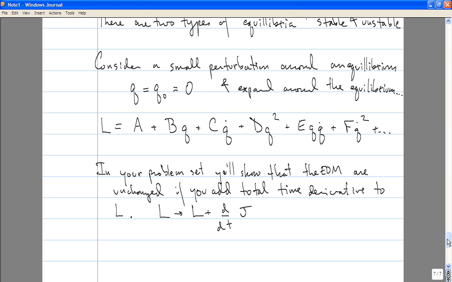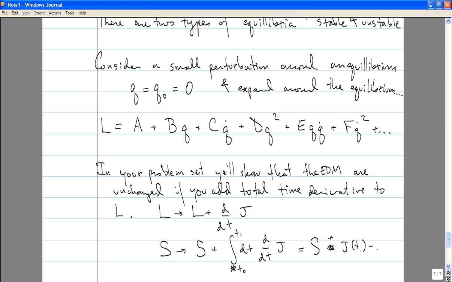If you add a total time derivative to L, then the action will pick up a term which is the integral dt of a total derivative of J, which is just by the fundamental theorem of calculus, J evaluated at t1 minus J evaluated at t0.